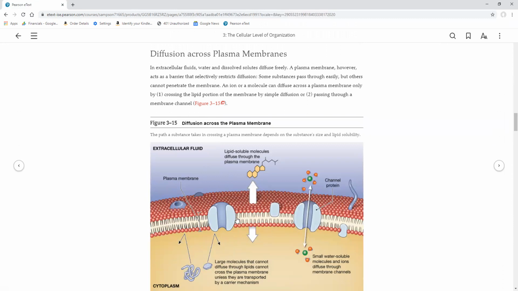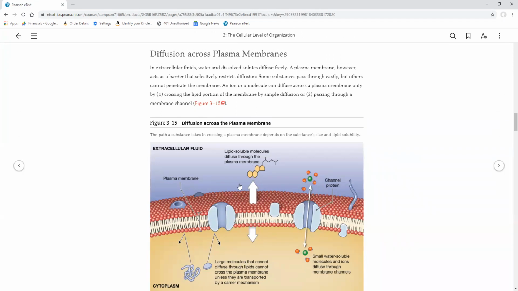So it has to be lipid-soluble, which means it's non-polar. Remember what we talked about that are non-polar lipids? Steroids, such as testosterone and estrogen, can pass right through the plasma membrane and affect the cell. That's a hormone, and it actually affects the cells.